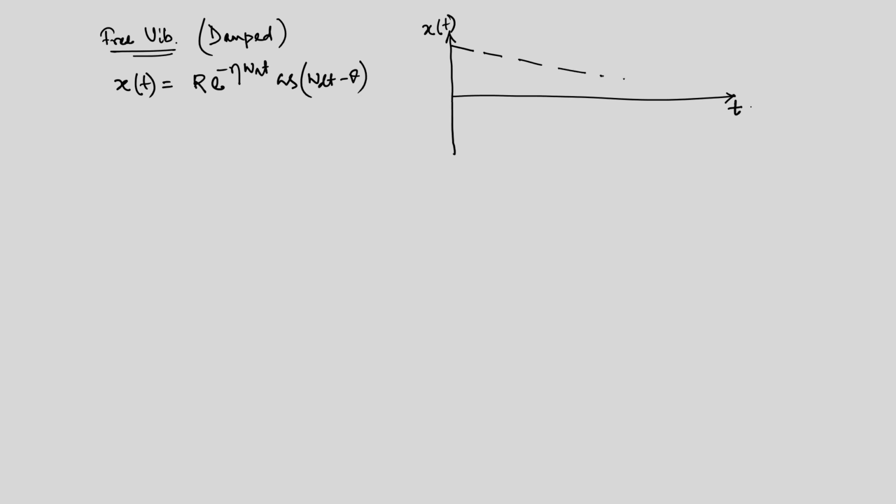We have this exponential decaying envelope, and then we have the response. Obviously, this first part is the x naught, and the velocity at this point is given by this tangent, which is x naught dot.